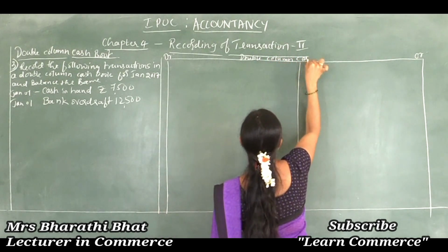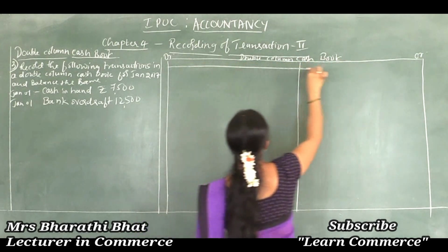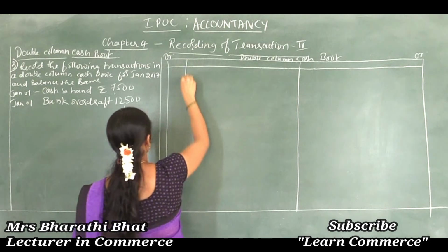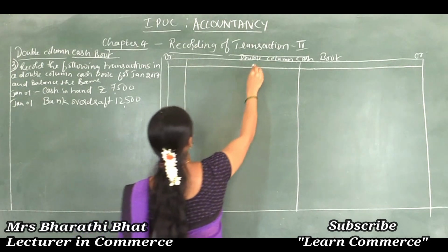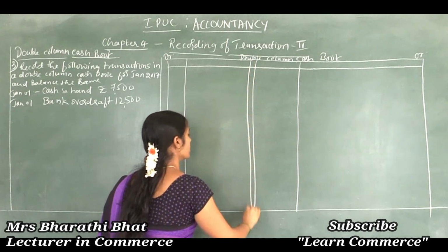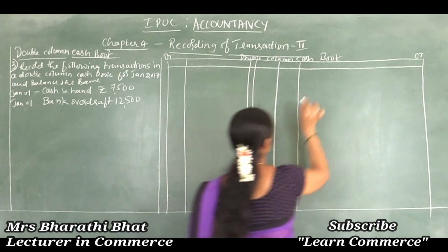Double column cash book, clear? And draw proper columns on each side. First column date, next one for receipts, and one more small column for LF, ledger folio, and then the cash column and bank column.